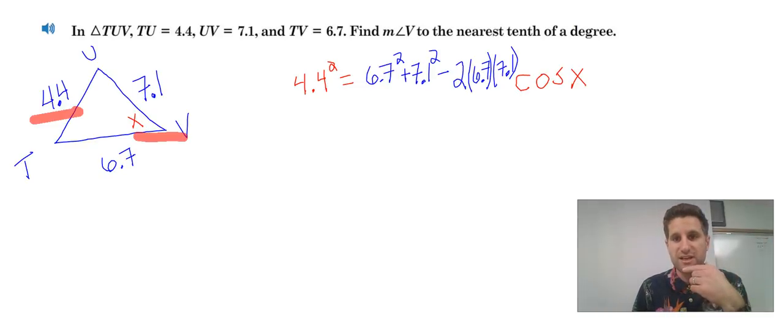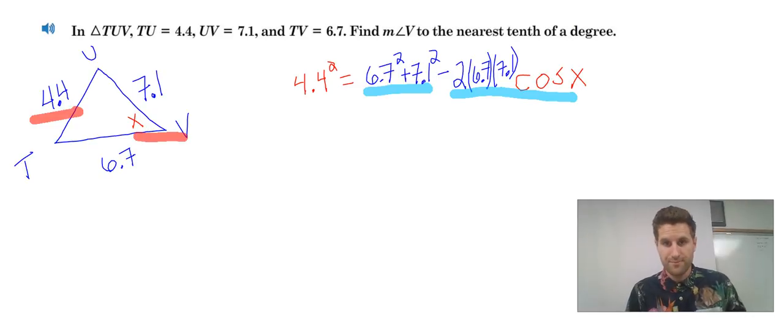Like I said on the last one, I like to separate these out. I'm going to evaluate this segment and this segment separately. So, pick up our calculator and let's get to calculating. 6.7 squared plus 7.1 squared gives me 95.3.